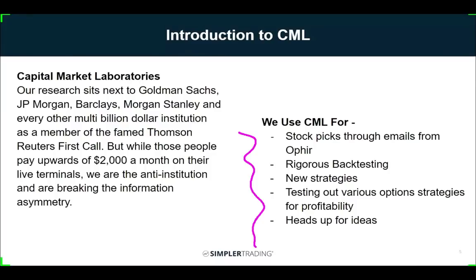So there's a lot of different facets of CML Viz, but the way that we use it, primarily the way that I use it, are number one, the stock picks. So Ophir does a lot of rigorous research and sends out a couple different emails per week on in-depth reports on various companies. Some are up and coming, some are more common names that we know of.